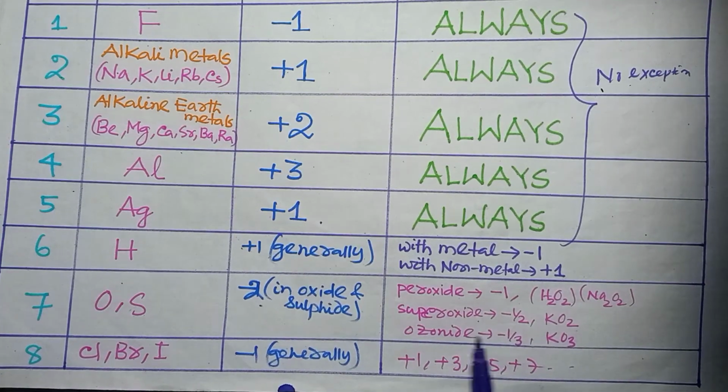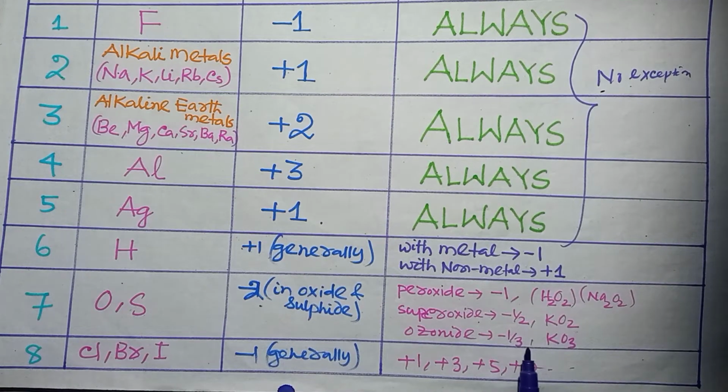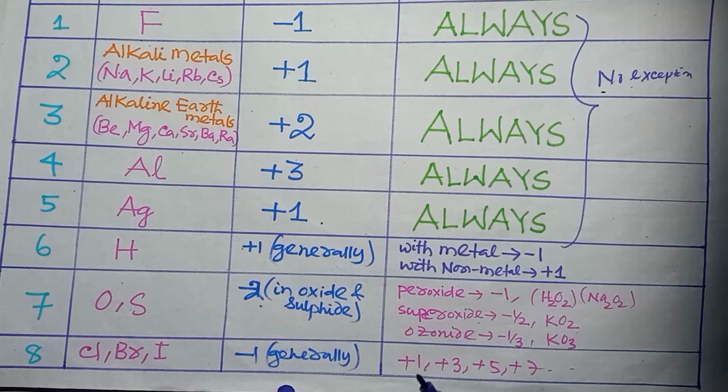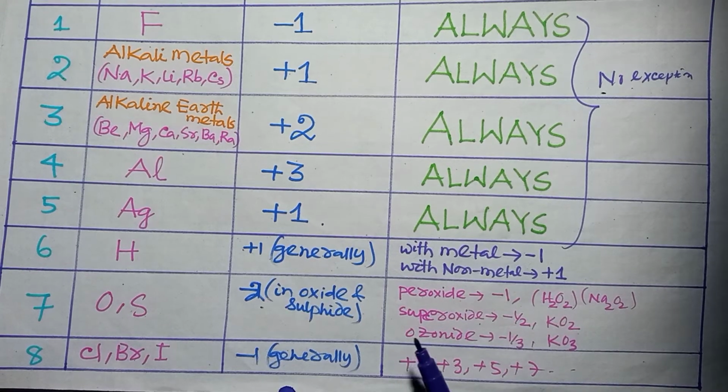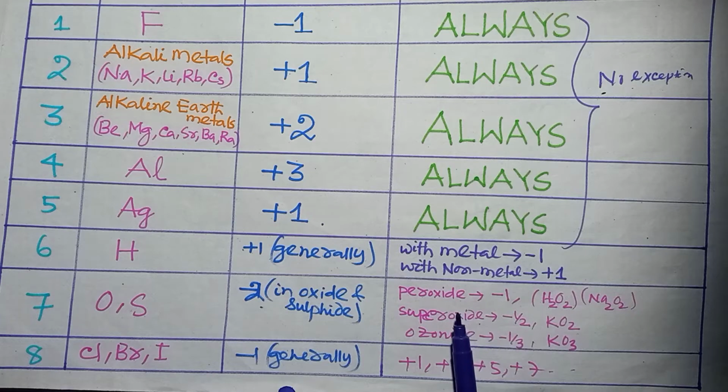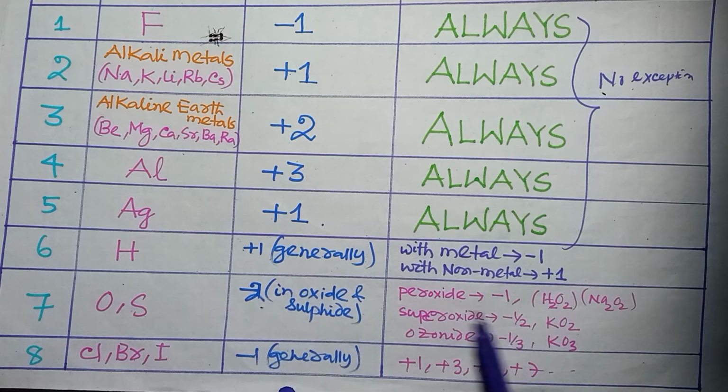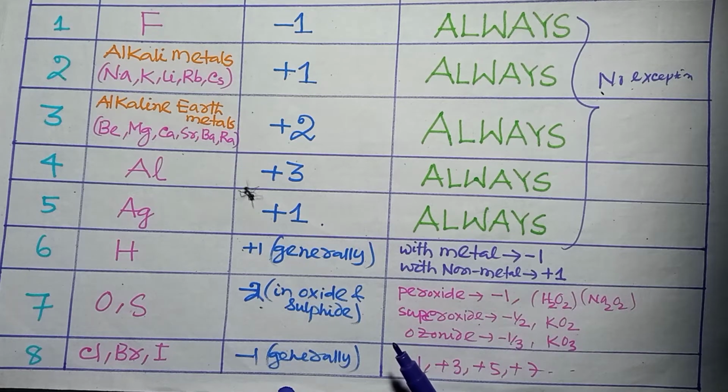In the case of ozonide like KO3, the oxidation state of oxygen is -1/3. So oxygen has a variable oxidation state. It can be either -1, -2, -1/2, -1/3.